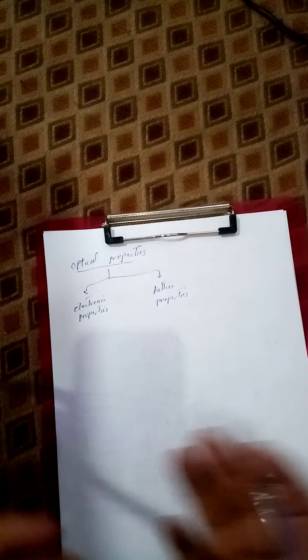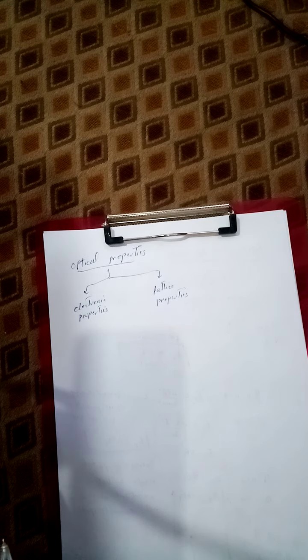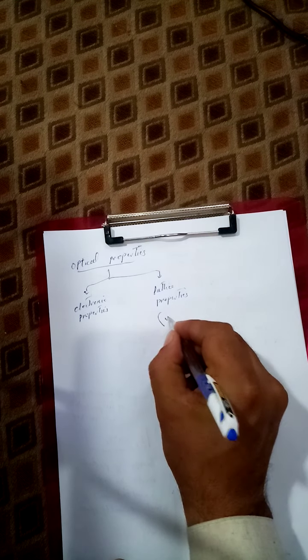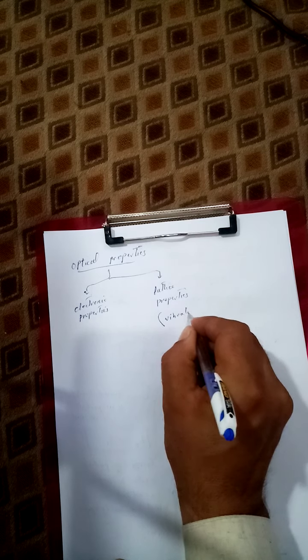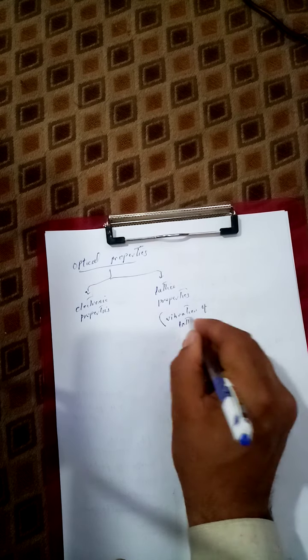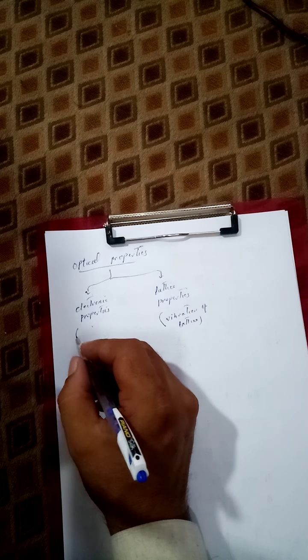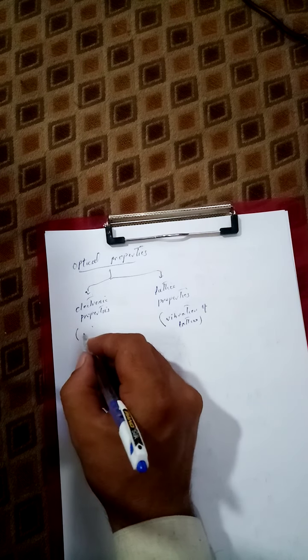Now, electronic properties is clear from this name, involving the electronic state of solids, while lattice properties involves the vibration of lattice. They are related to the vibration of the lattice, and they are related to the electronic states.